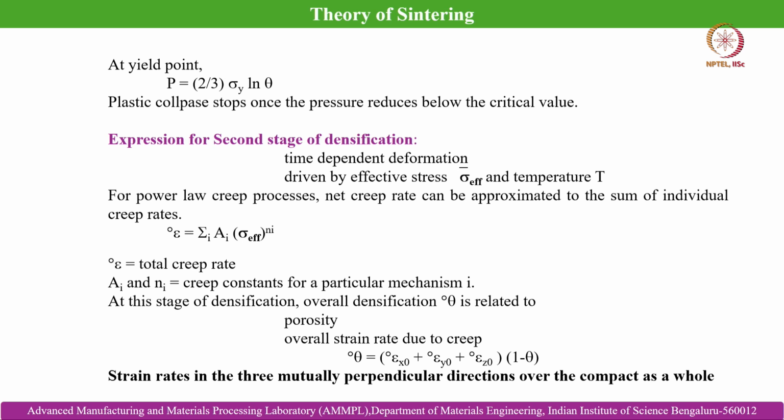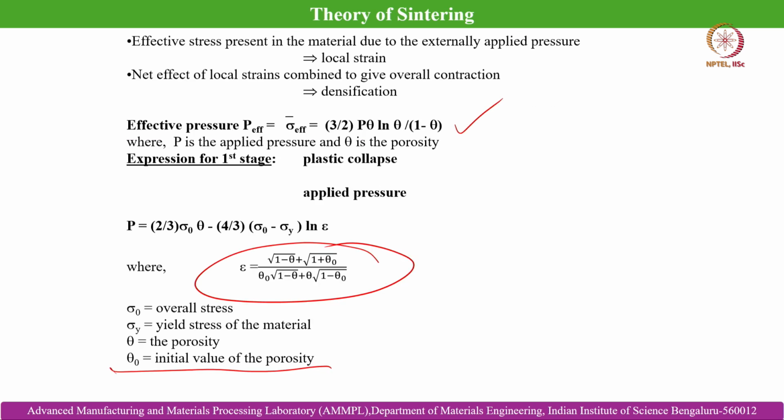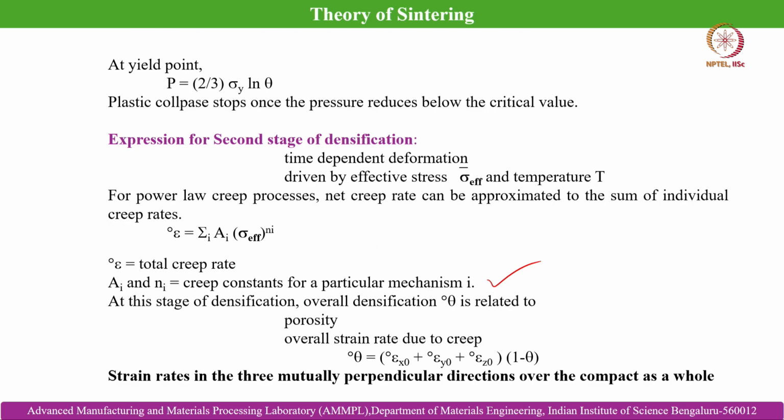So, epsilon dot is equal to the total creep rate, which is equal to the summation of A i sigma effective to the power n i, where n i and A i are the creep constants for a particular mechanism at this stage of densification. The second stage is the thermally activated stage, where the pressurization stage is done, and we already discussed the pressurization stage earlier. The mechanism prevails at that stage.